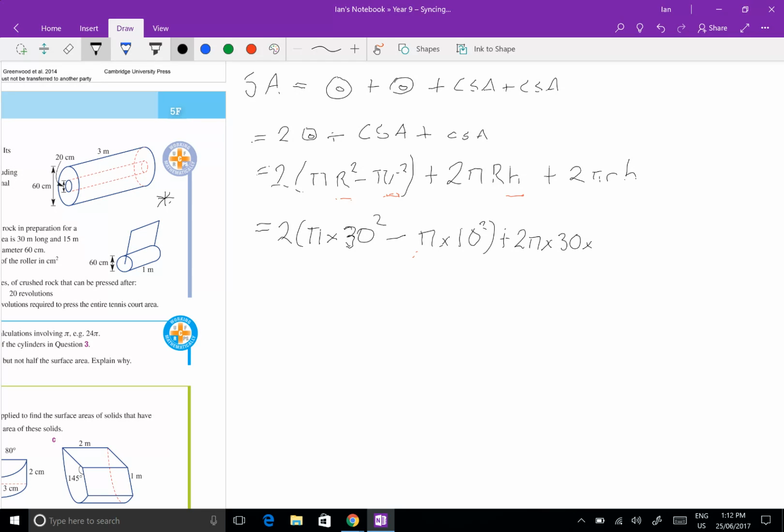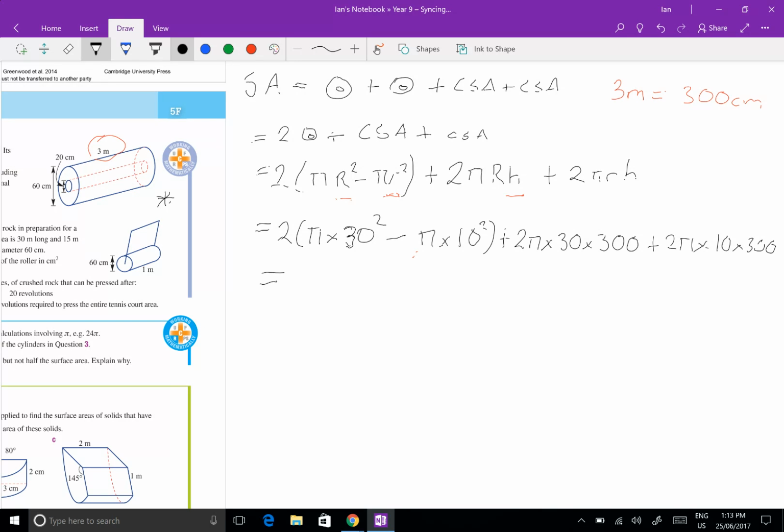Now, how far back is it? Now, this is where they get a bit tricky. Here, it's 3 meters, and we need to realize that we want this in centimeters. So 3 meters equals 300 centimeters. So they've been a bit tricky there. So let's put 300 in here. Plus 2 pi times the small radius, 10 times 300 again.